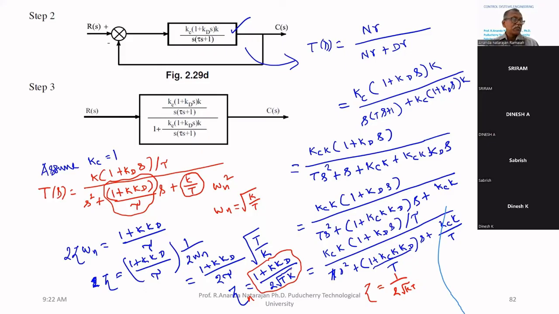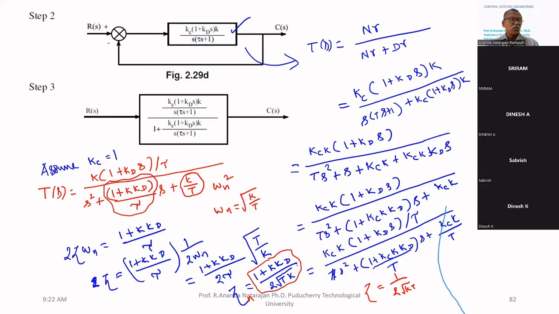So zeta can be modified. How much is it increased? 1 plus Kd times increased. By selecting appropriate value of Kd, we can select zeta. So derivative controller can fix zeta.